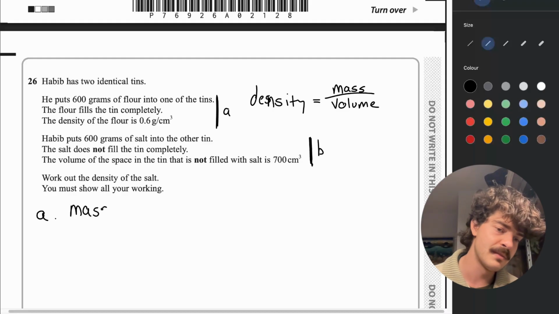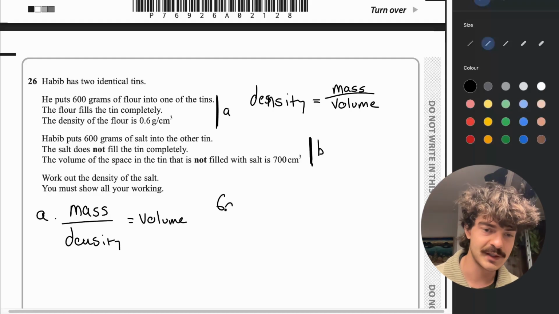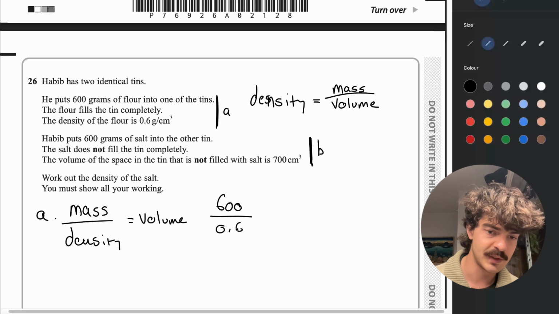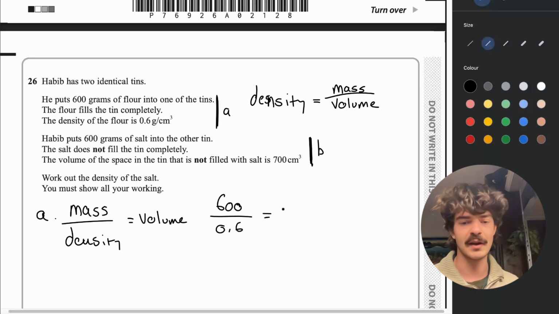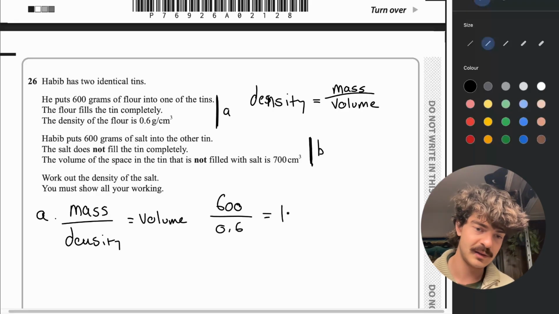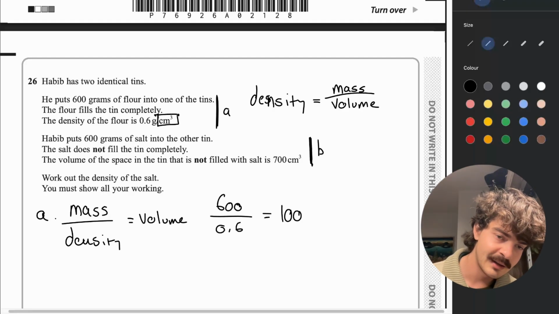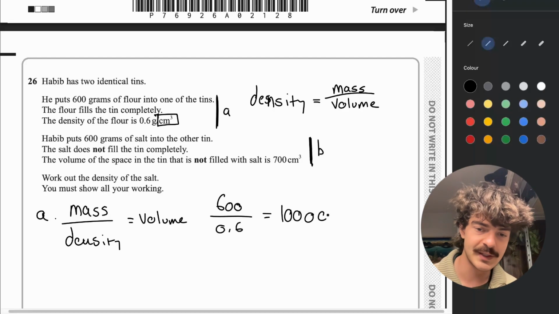So if we do the mass of something divided by the density, we're left with the volume. So in our case, we've got 600 grams divided by 0.6. This is going to give us 1,000. And our units here are hiding away in the density, so 1,000 centimeters cubed.